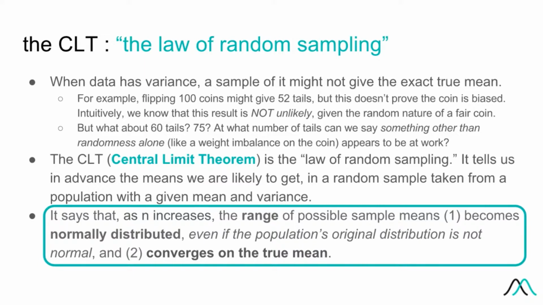This is perhaps the most important idea in all of statistics. The central limit theorem is what allows us to reach logical conclusions with only partial knowledge of the whole, with only a mere sample of a population.